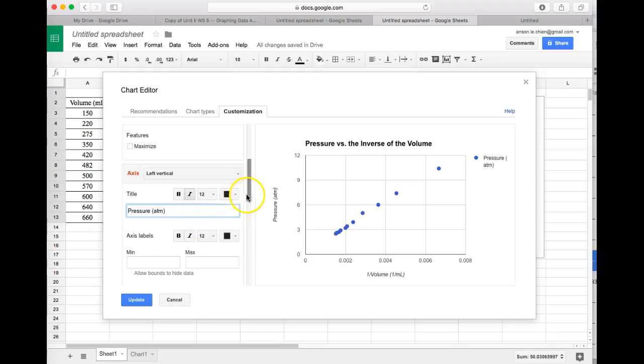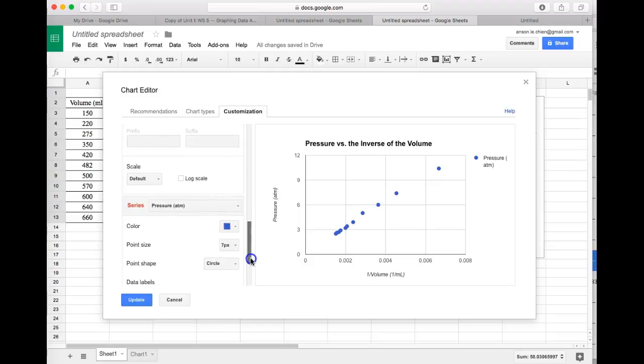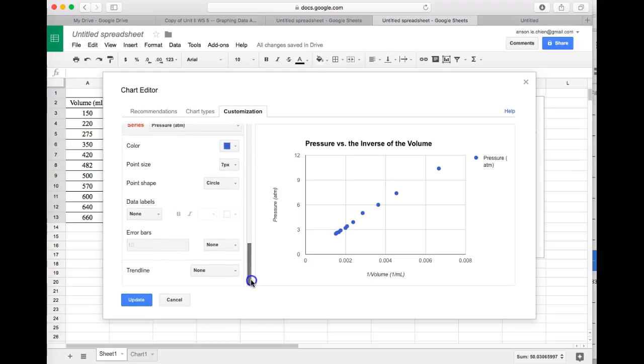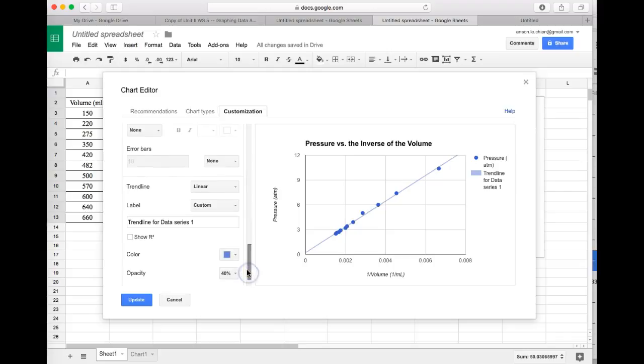Oh, before we update, it's looking pretty linear, so automatically we should evaluate the line. So we'll do a trend line, linear, and then scroll down, and we will put the label of the equation on the graph. And for today, we'll show the r-squared value.